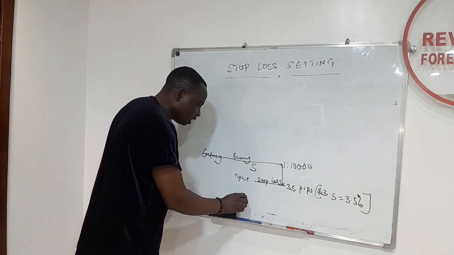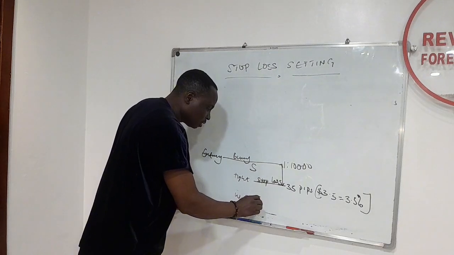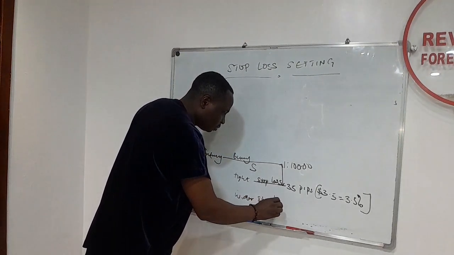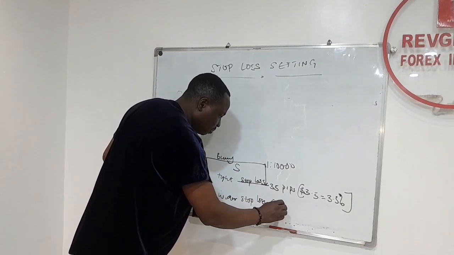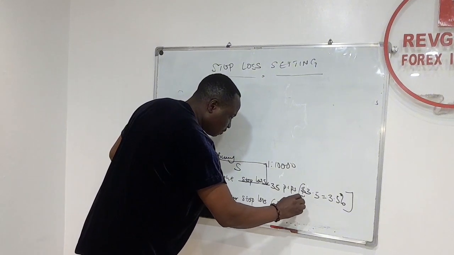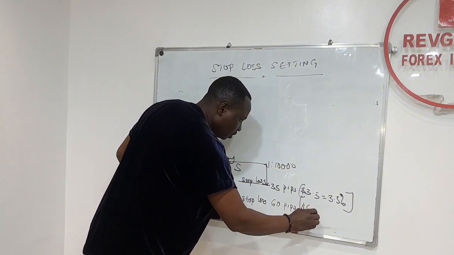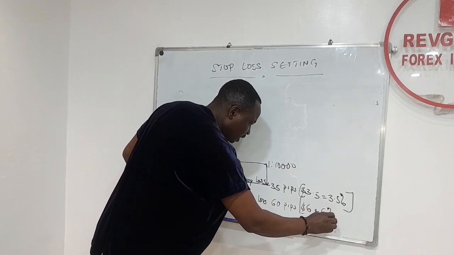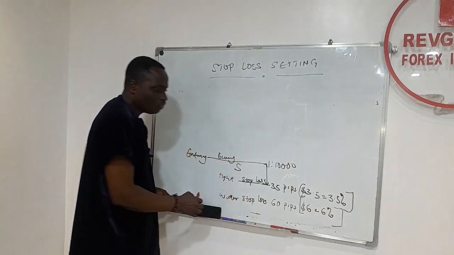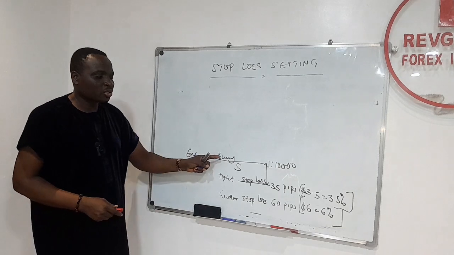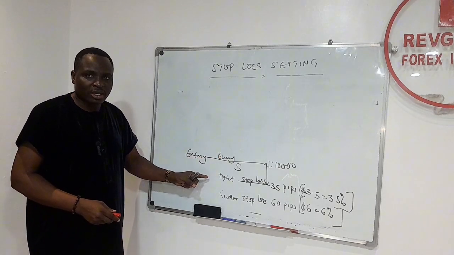So if you're using a wider stop loss, we said use 60 pips. 60 pips on an account of $100 will be $6. $6 will be 6% of your account value. So this is how to set a stop loss professionally.